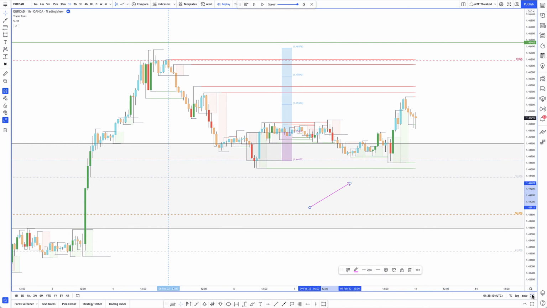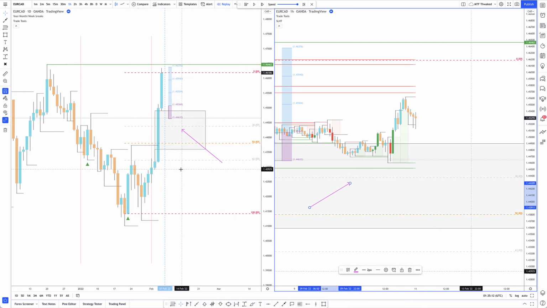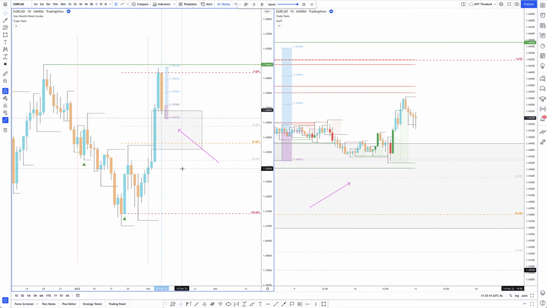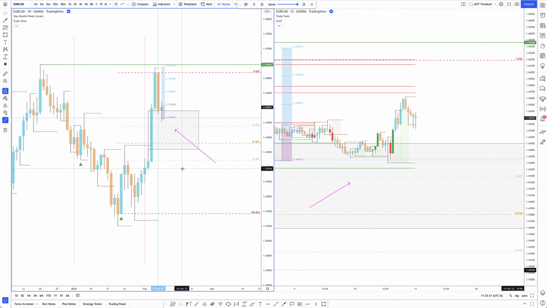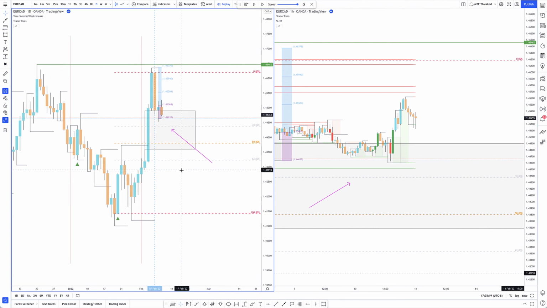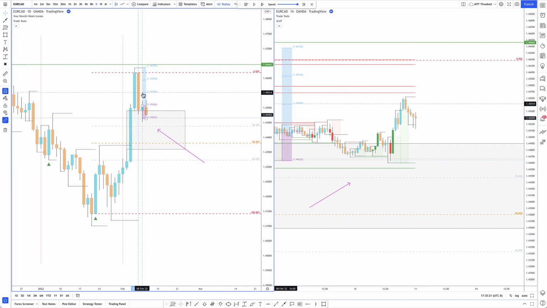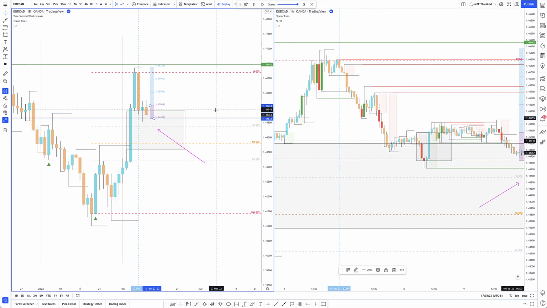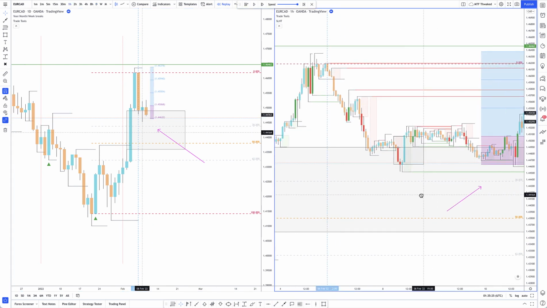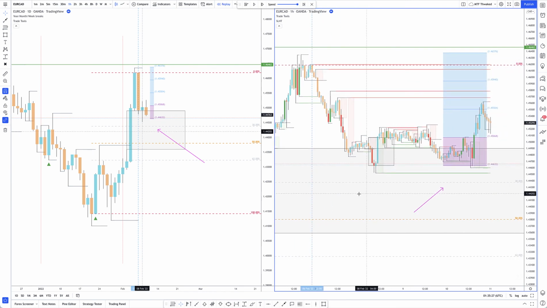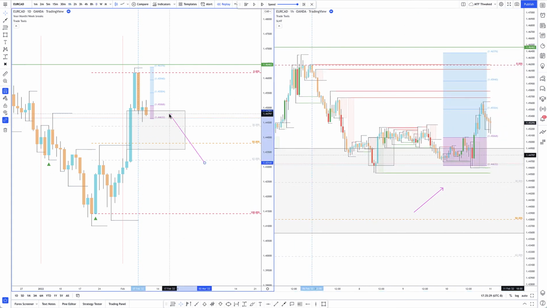And as you can see, just showing how this played out on the higher time frame as well, price came down and then couldn't go anywhere. So it was very important for us to realize that there was a very specific reason that we did not take this trade, which was this whole fair value gap was formed in premium of this range.